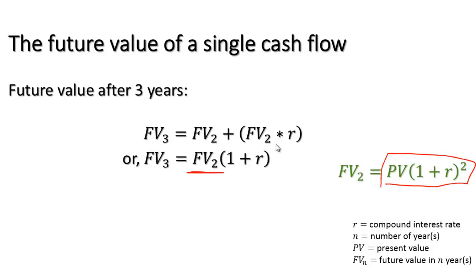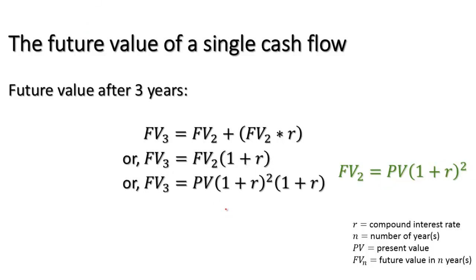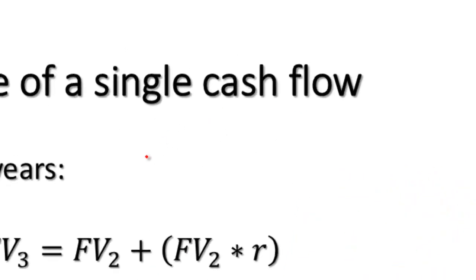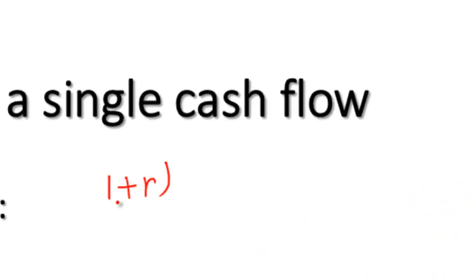After doing that, we have found that FV3 is equal to PV times (1 + R) squared, and this (1 + R). So now you can see we have (1 + R) squared times (1 + R).